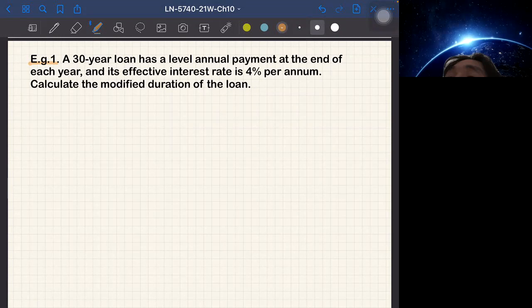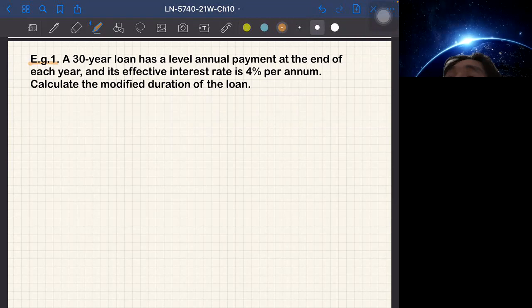So we have the 30-year loan, so we may think that the duration is almost 30 years, but actually no. We have the payments at t is equal to 1, t is equal to 2, up to t is equal to 30. So even just taking the average of those 30 numbers, it will be 15.5.